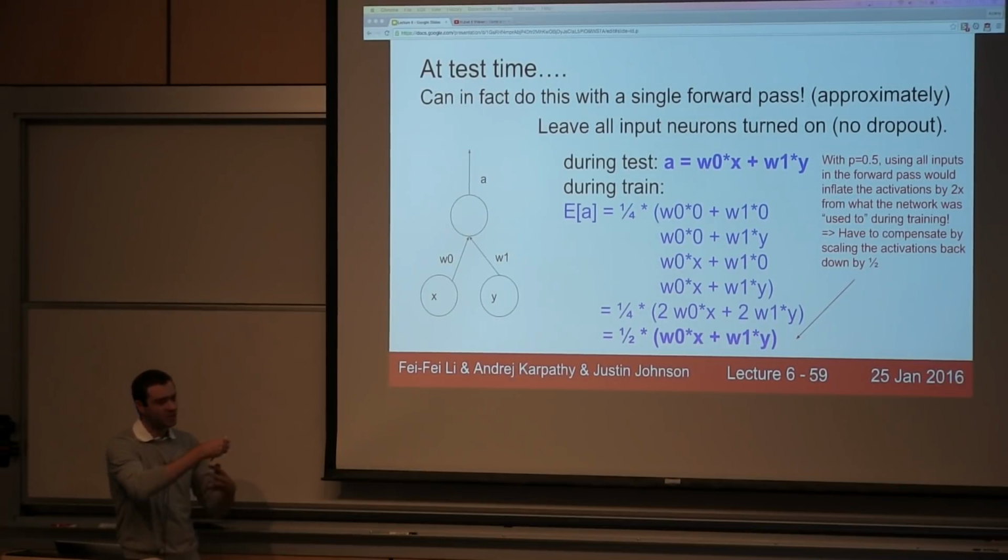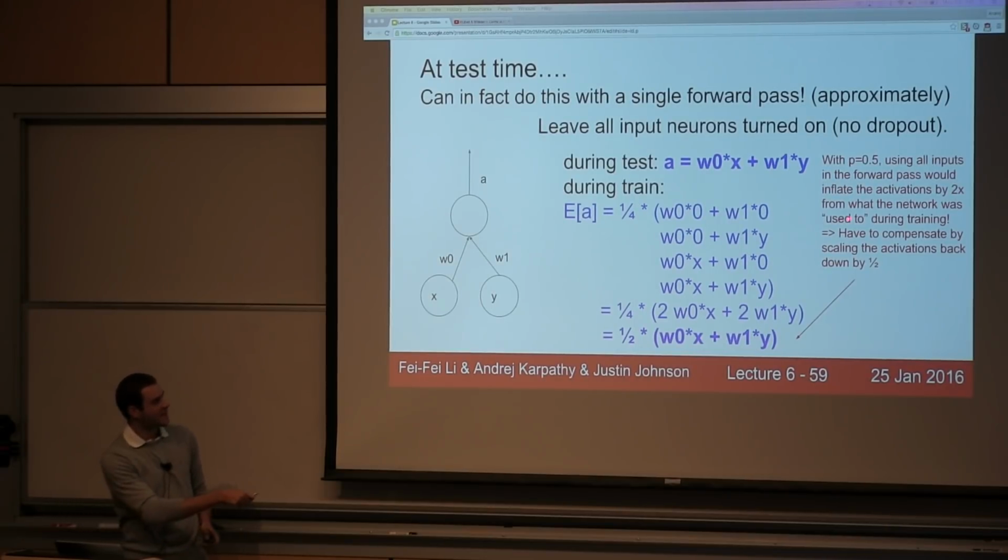And your output distribution would change. Things in the neural network would break because they're not used to seeing such large outputs from all the neurons. So now you're using all your neurons instead of just half of them, but you have to squish down the activations to get back to recover your expected output.